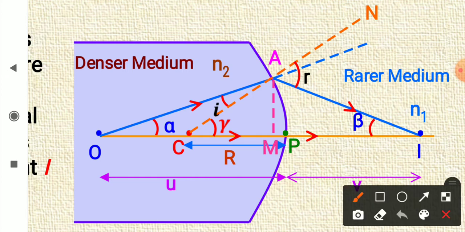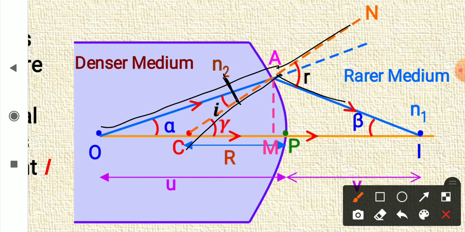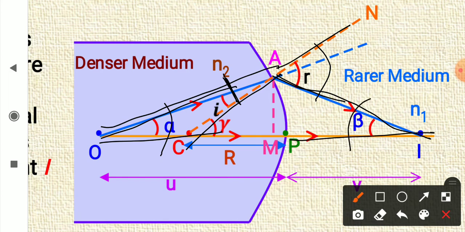And we will follow exactly the same method. This is the incident ray and this is the normal. The angle between the incident ray and normal is the angle of incidence. The angle between the refracted ray and normal is the angle of refraction. The angle between the incident ray and the principal axis is alpha. The angle between the refracted ray and the principal axis is beta.